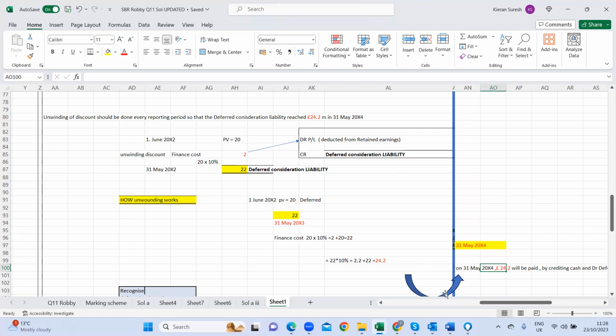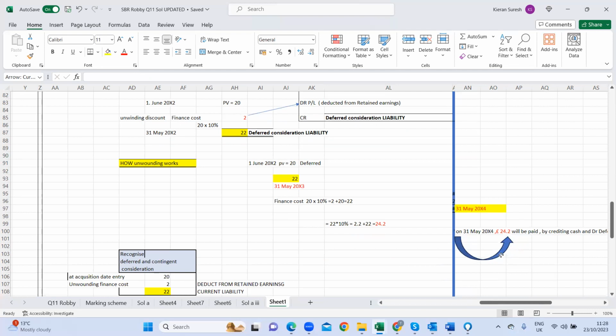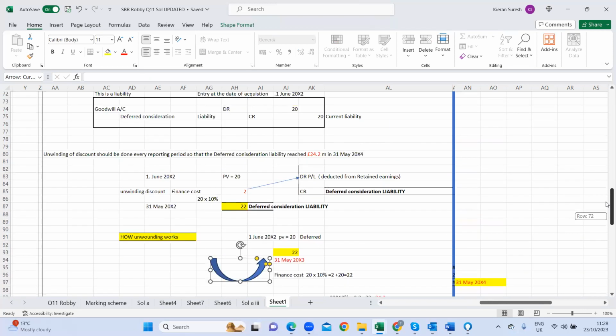That's the purpose of unwinding. Because I've discounted it, every year a finance charge needs to be added to my profit and loss account, and my liability should be increased by that discounted percentage, so that when I reach the final year, that figure is equal to my liability figure from when I first discounted it, right? So that unwinding needs to be done.